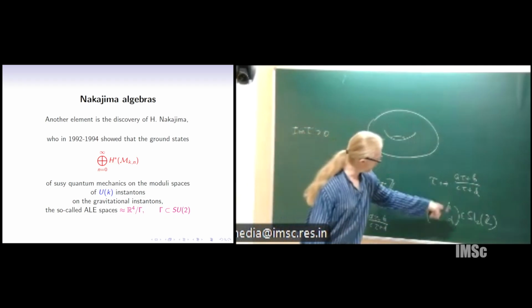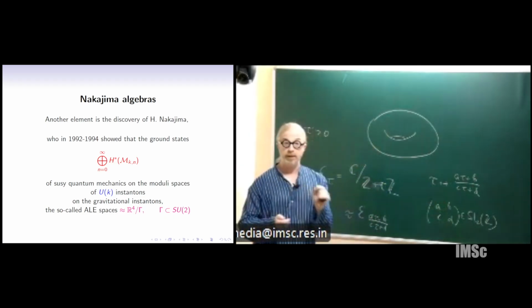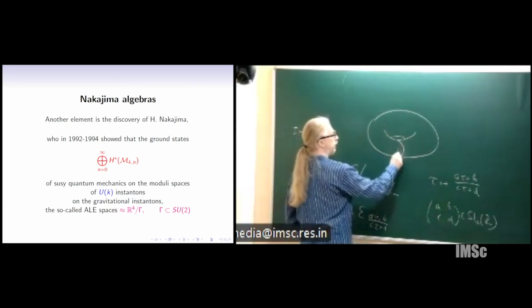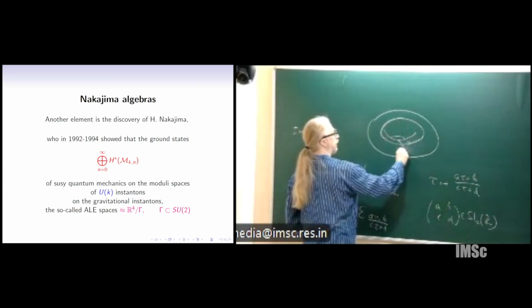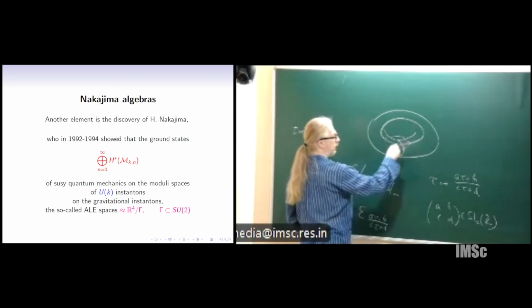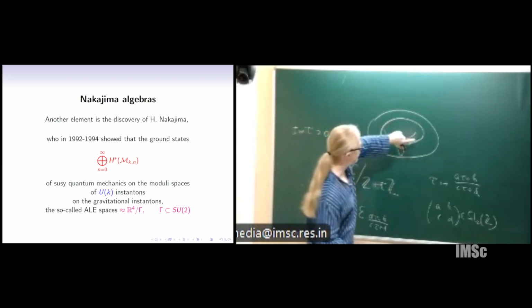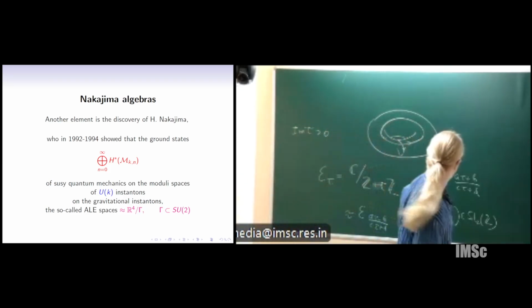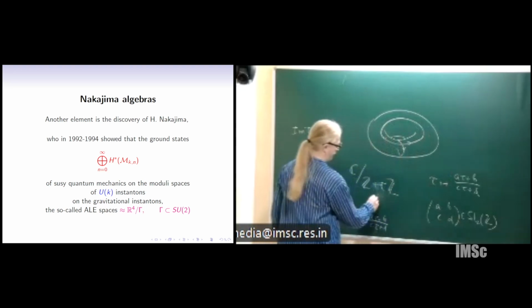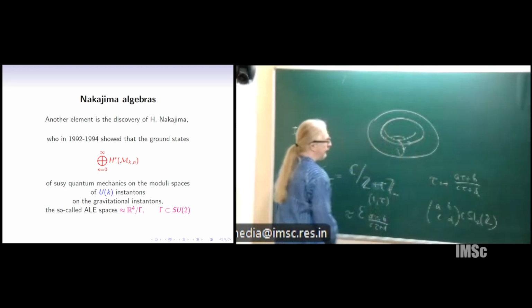What this transformation does is just change the basis in the space of one-cycles. What you call the first cycle and what you call the second cycle just changes the basis in this lattice, the lattice generated by 1 and tau.